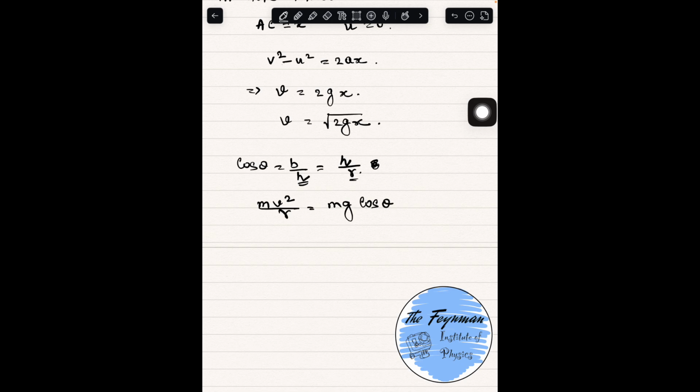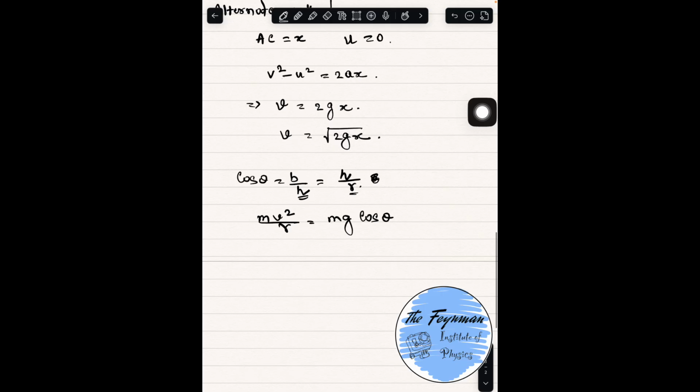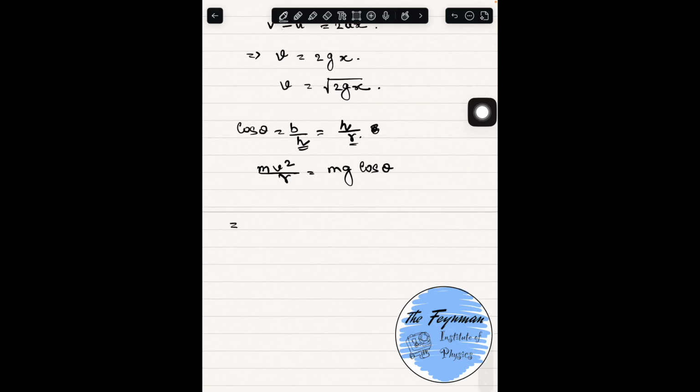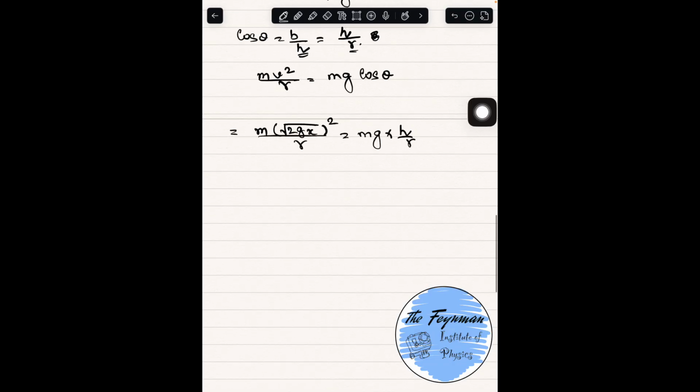Therefore we can write m into under root of 2gx whole square divided by r is equal to mg cos theta, which is h by r. So r will be cancelled out, m will be cancelled out. Ultimately we will get h is equal to 2x.